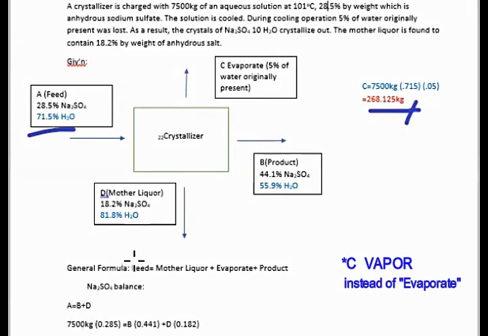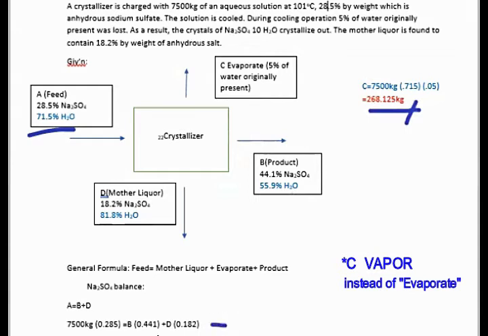Since there is no sodium sulfate going out to the evaporator, we don't need to include it in the equation. So 7,500 multiplied by 28.5% sodium sulfate is equal to the sodium sulfate that goes out of the product, which is 44.1%, in addition to the sodium sulfate content in the mother liquor, which is 18.2%. Now we already have our first equation with two unknowns.